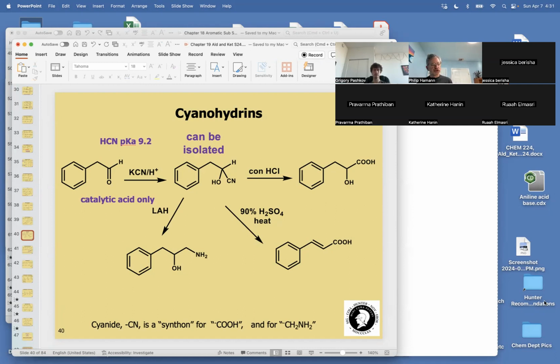Okay, anything else? Earlier I asked about amides. So for an aniline, when we want to do an electrophilic aromatic substitution, for example a sulfonation, we put the acid anhydride on to turn it into an amide.